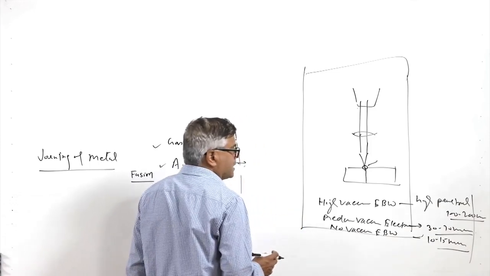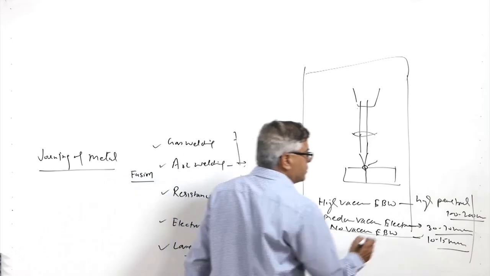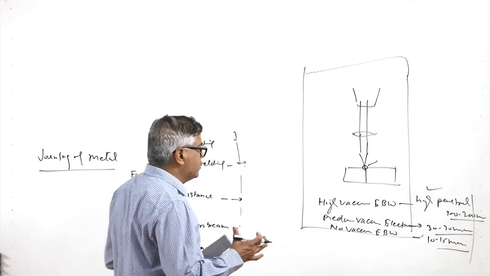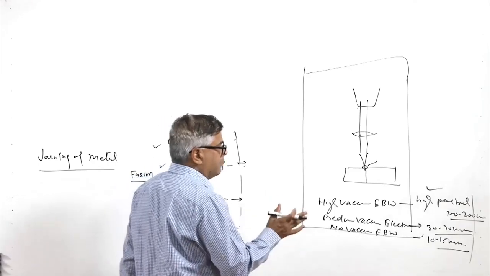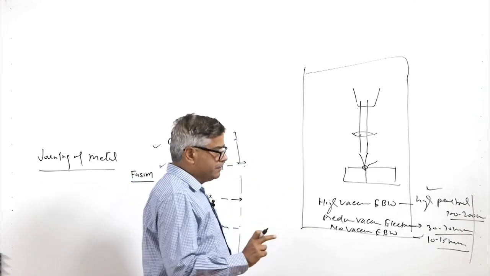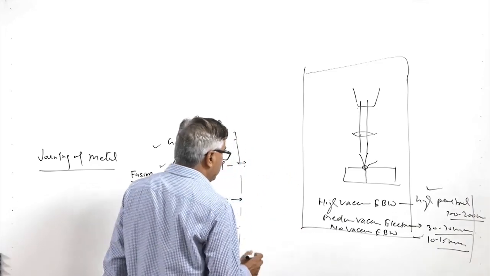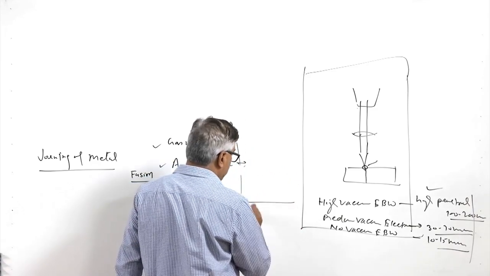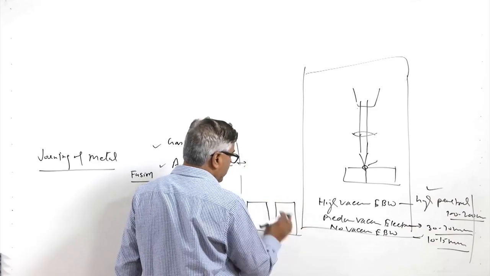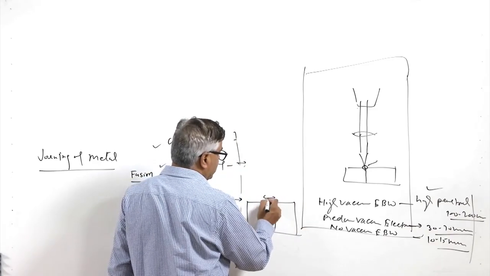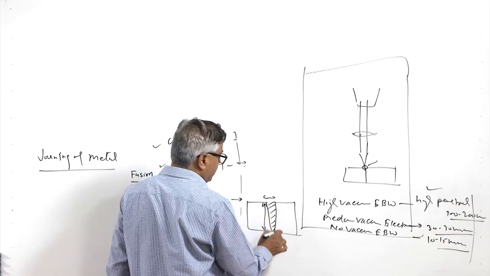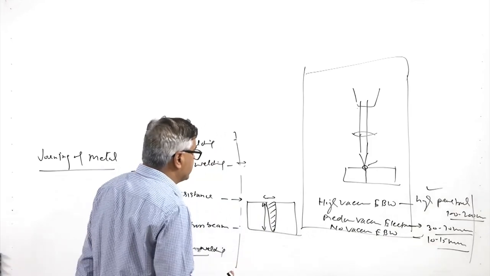When electron beam welding is carried out in vacuum, the absence of air results in high quality weld joints using low heat input, and very good quality weld joints without contamination from the air, with limited size of the weld zone, limited size of the heat affected zone, and very high depth to width ratio. The width of the weld is very small and the depth is very high, and these conditions are very favorable for the welding of thick plates.